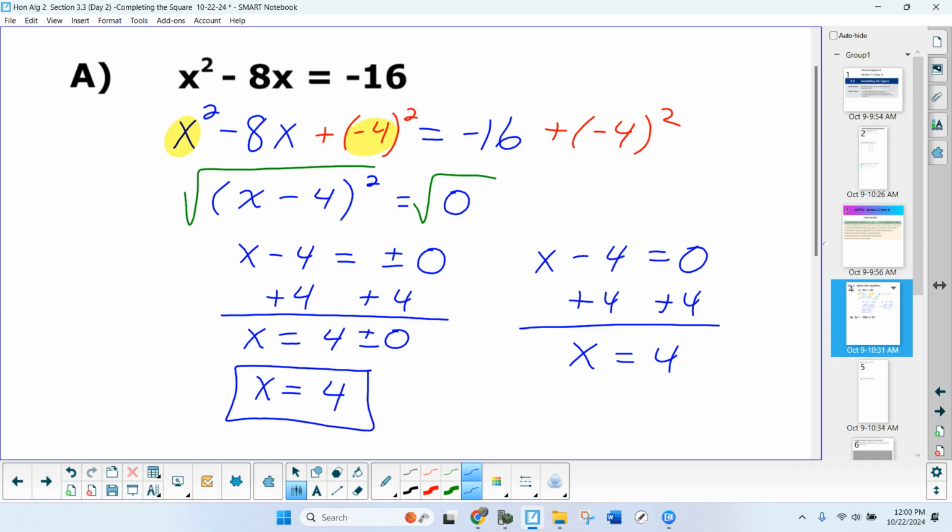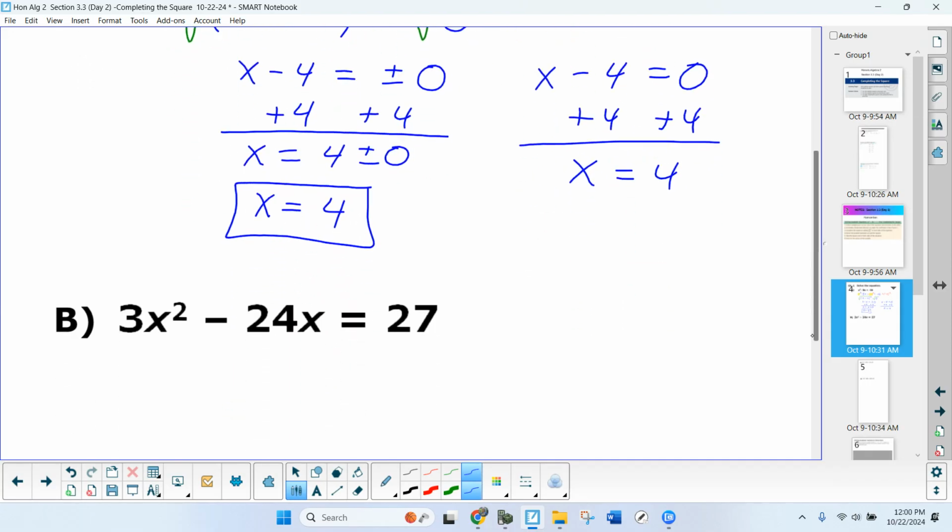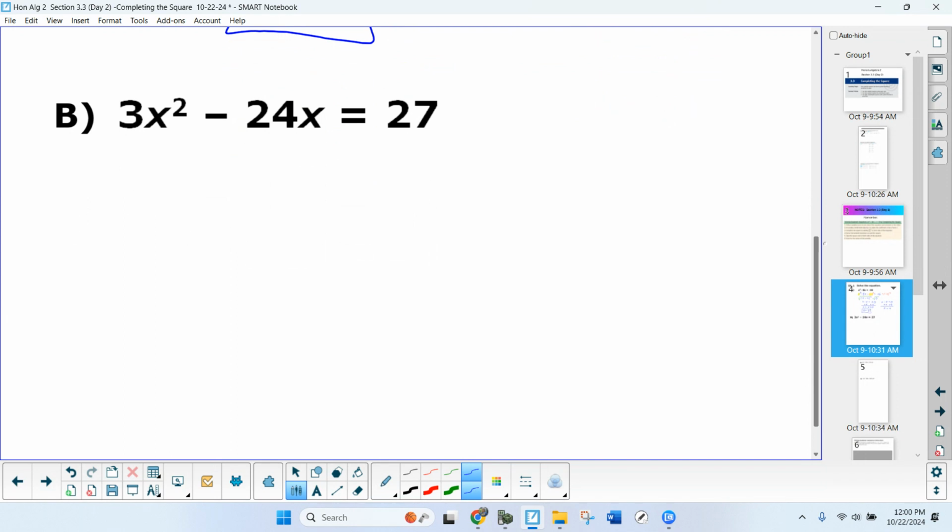Okay. Let's take a look then at B and see how B might be different. Is step 1 done for us? So, Jillian, is step 1 done for you? Are all the x's on one side and your constant on the other? Yes. Okay. Is A 1?